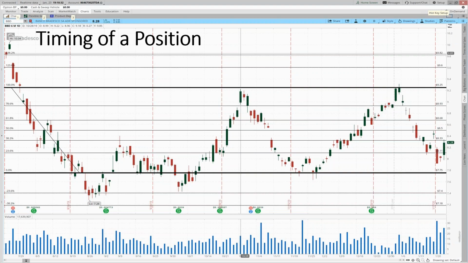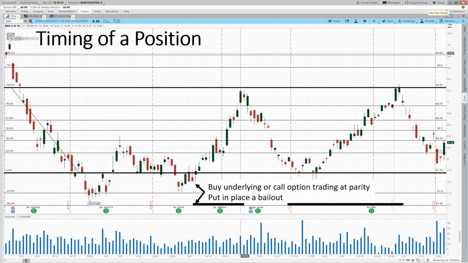Let's again review this on an actual chart. So if I'm doing the covered call, or instead I'm buying a call option that's trading at parity, first after a bottom is found, I'm going to be buying that covered call, and I'm going to be putting a bailout strategy like a stop loss order in place.